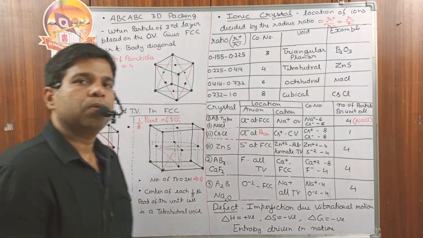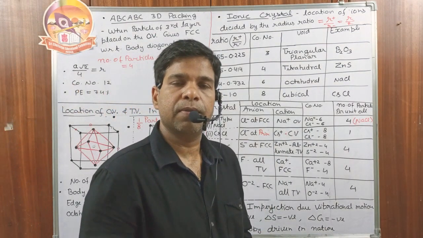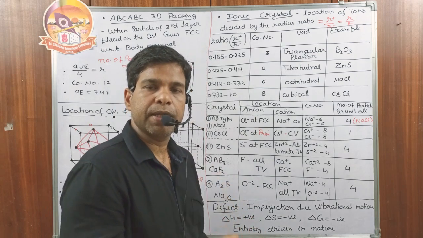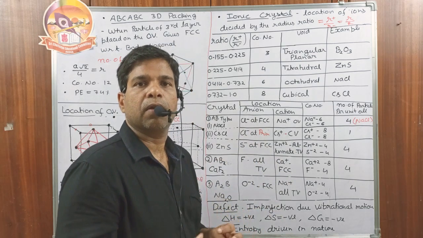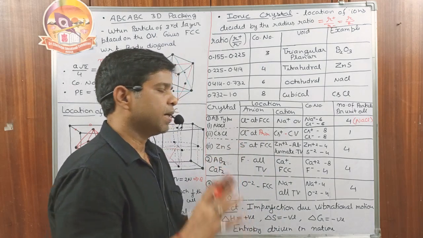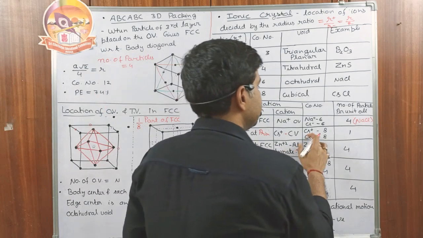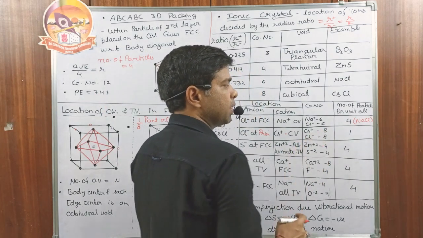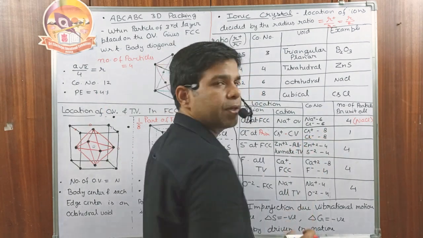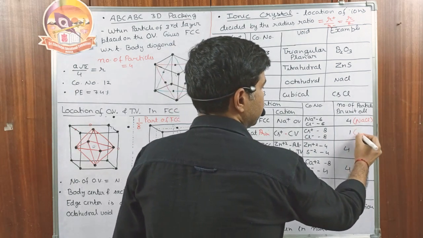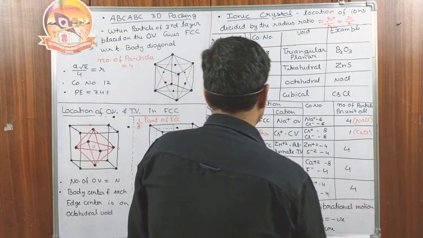So this Cs+ is present at the body center, and all the corners are occupied by Cl-, which gives a look like a body centered unit cell. Cesium coordination number is 8, and chloride coordination number is also 8, and we have 1 unit of cesium chloride per unit cell.